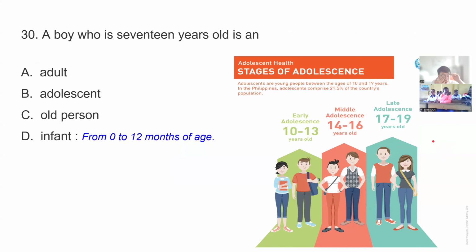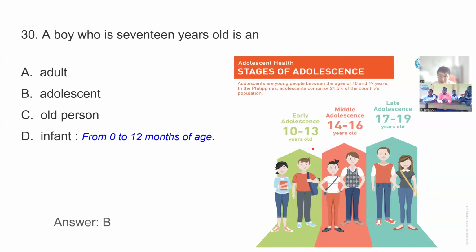Now, this next question: a boy who is 17 years old, is the boy an adult, an adolescent, an old person, or an infant? If you said B, that would be correct, the adolescent.